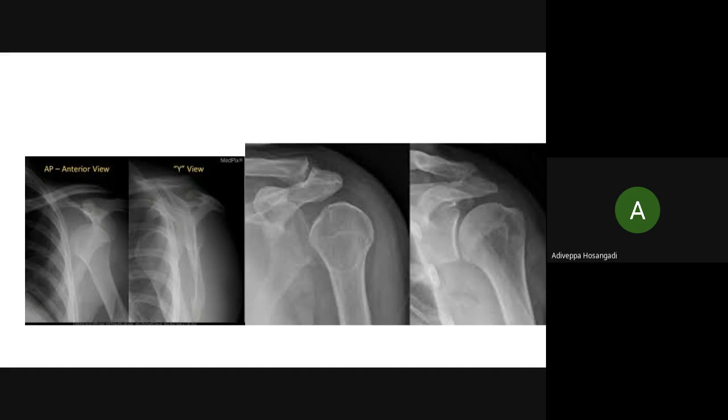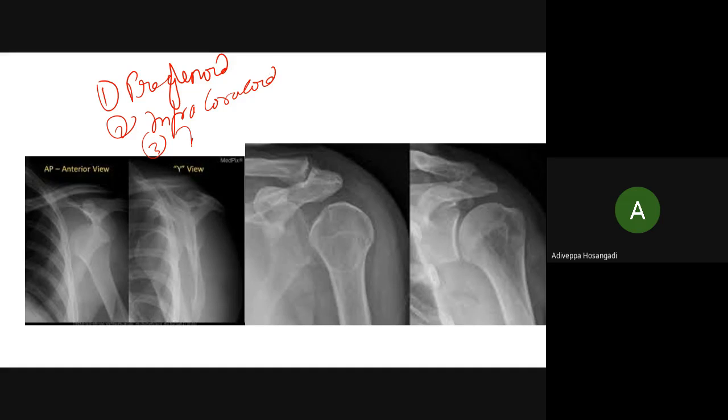One is preglenoid, second infracoracoid, third infraclavicular.